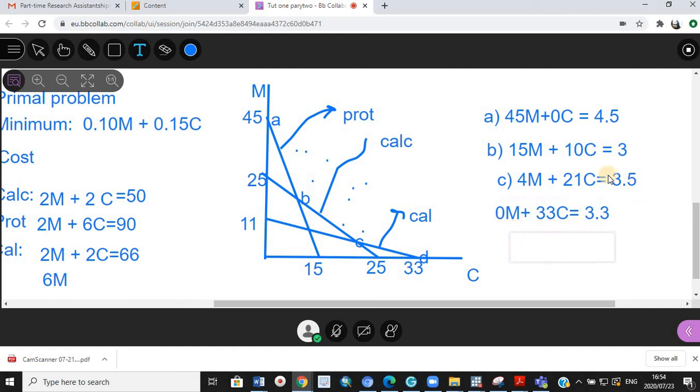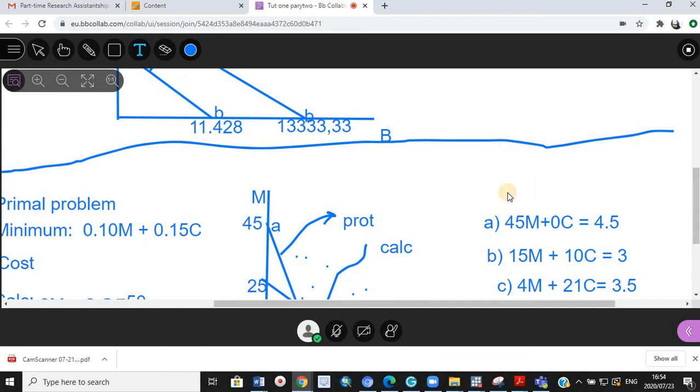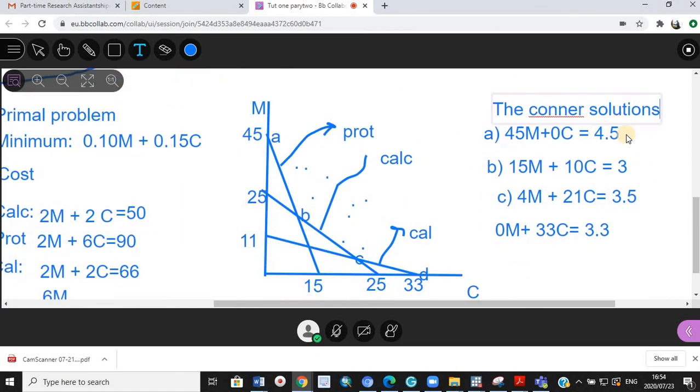Okay, but since this is a minimization, this is my minimization, we look for the corner solution that is minimum. I will just write here the corner solutions. All right, which one is minimum? This is 4.5, this is 3, this is 3.5, 3.3.